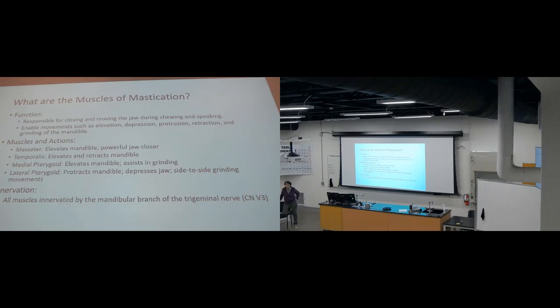The eyeball will deviate towards where? Up, down, medially, or laterally when you have cranial nerve number 6, abducens nerve paralysis. It can go a little bit down, that's for sure. Medial.